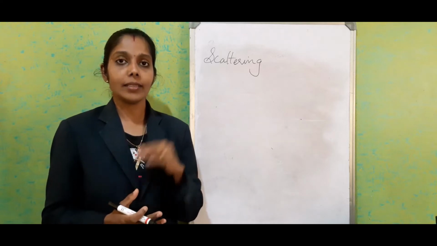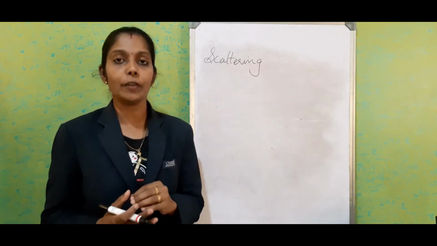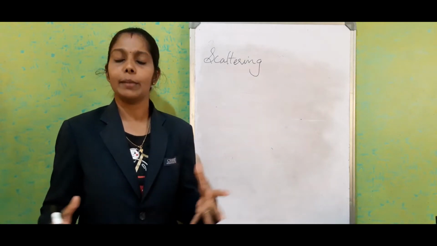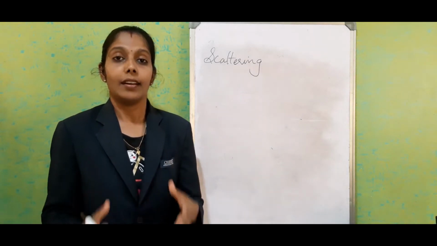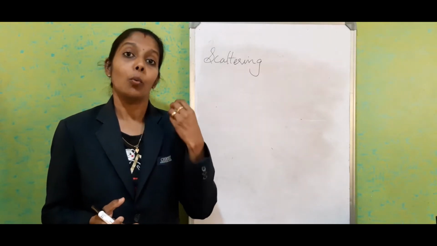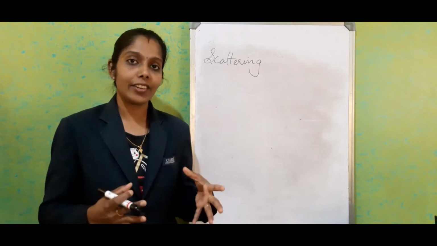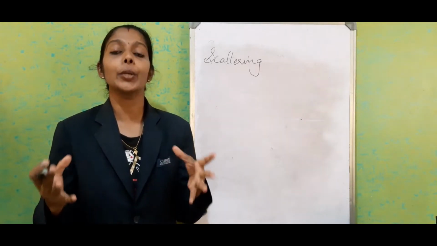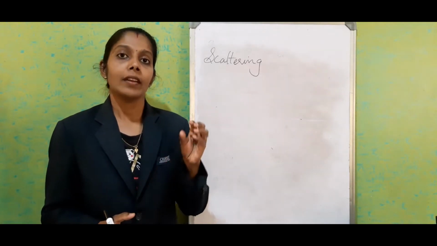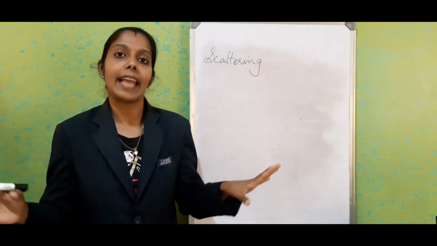Scattering means when the sunlight enters the atmosphere of Earth. We know that in the atmosphere there will be dust particles, air molecules, and water droplets like water vapor. So when these light rays, sunlight, enter Earth's atmosphere, they strike the dust particles and scatter.